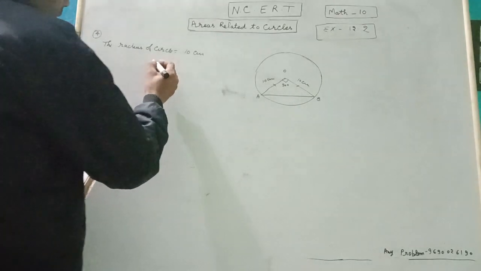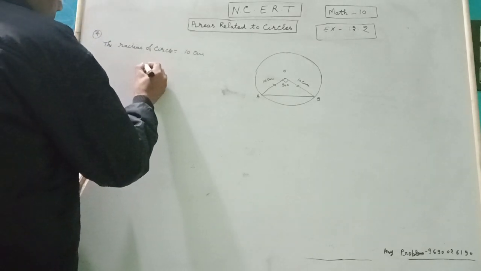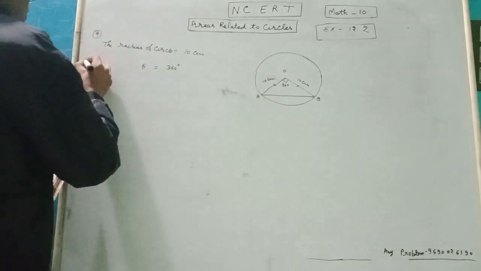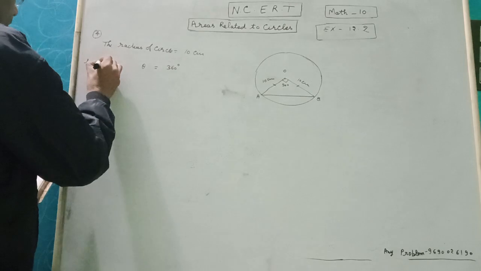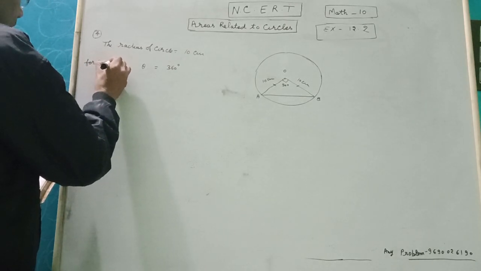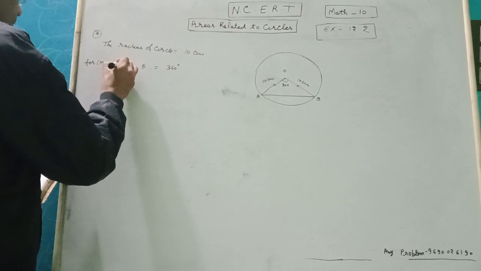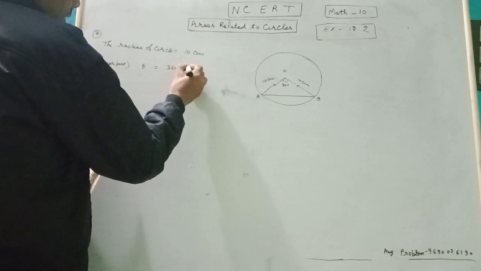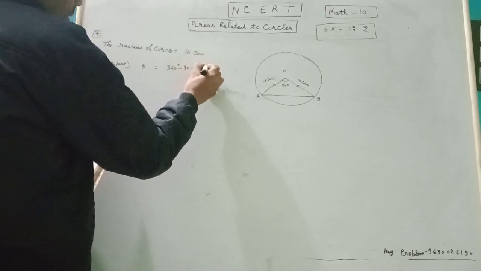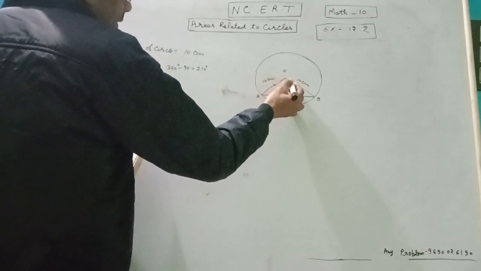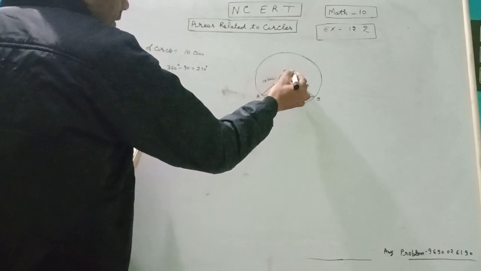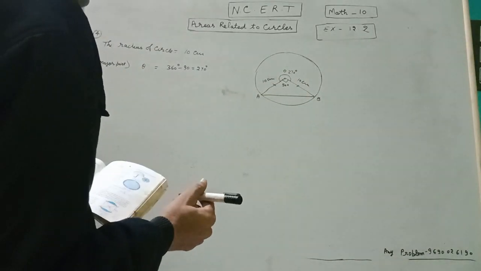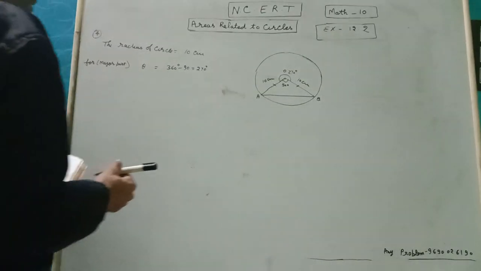Angle theta is equal to 360 minus the minor part, 360 minus 90, is equal to 270 degrees. That 270 degrees will be the angle of the major part.